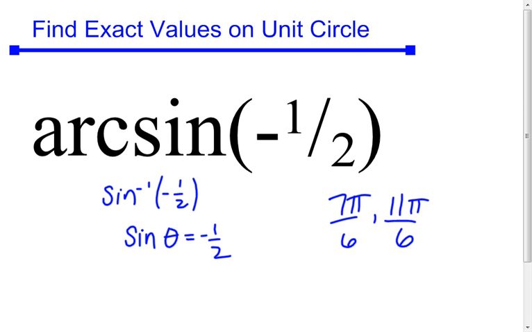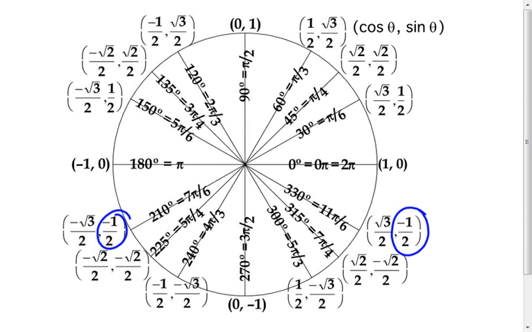And now I want to make sure that they're both in the restricted interval, and probably one won't be. If you look at the top of your notes, it will tell you that sine is restricted to between -pi over 2 and +pi over 2. Okay, that's the restricted interval for sine.